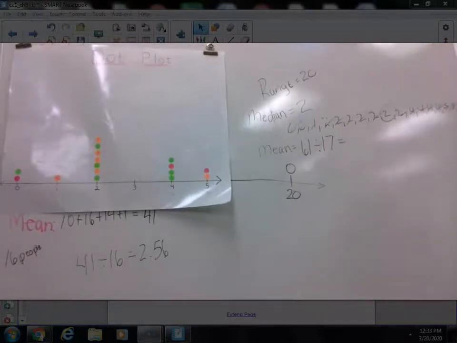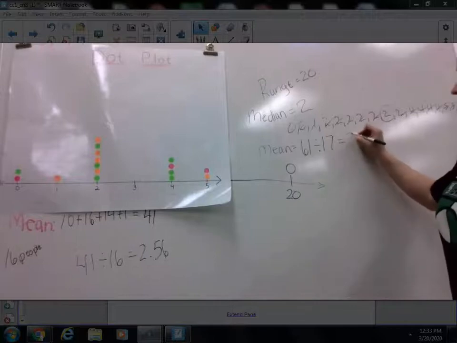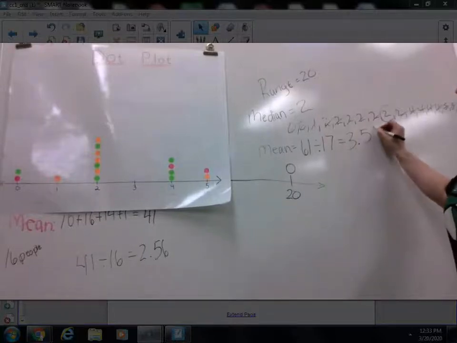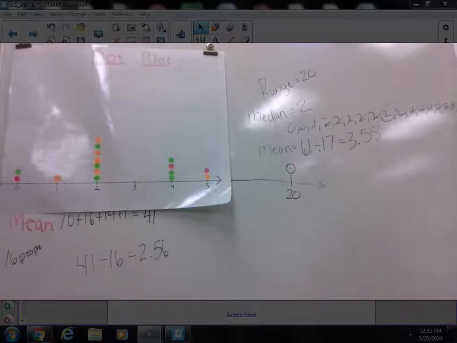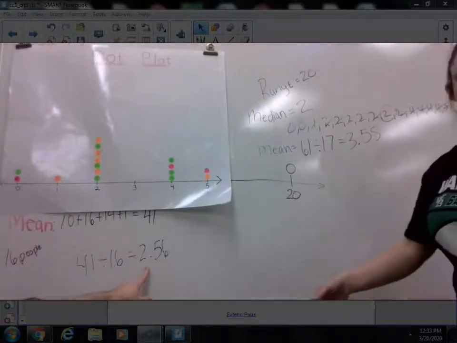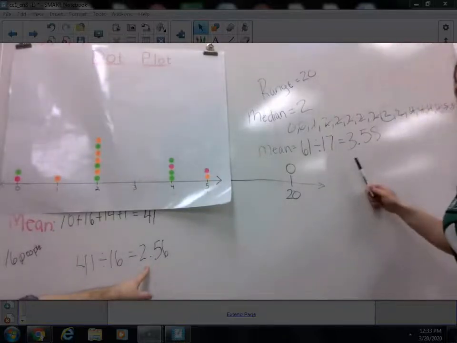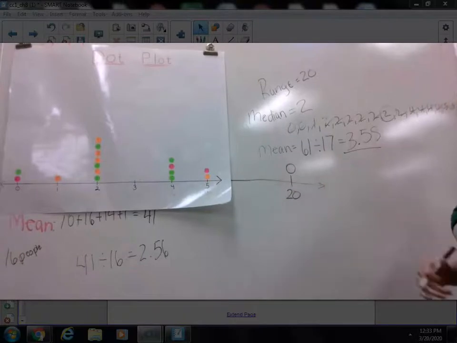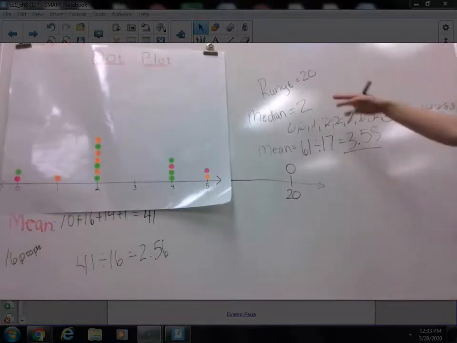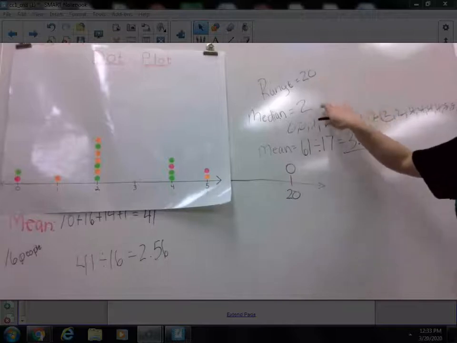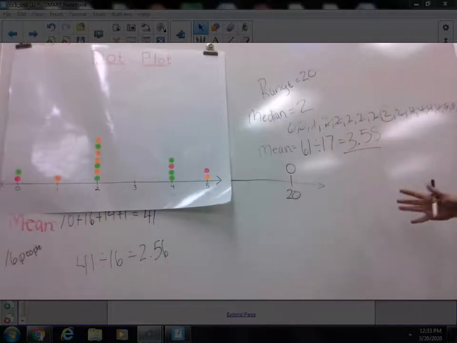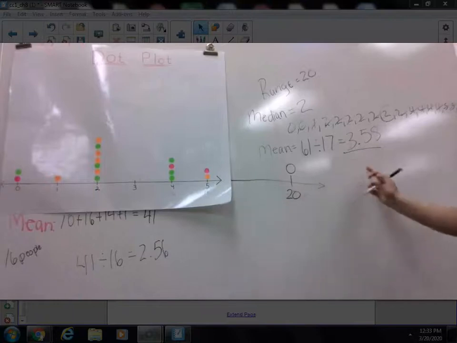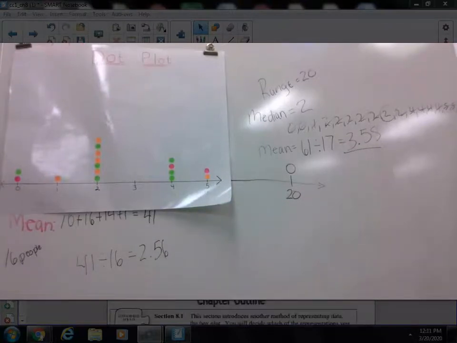So that would give us a mean of 3 and 58 hundredths. And if you recall earlier, our mean was 2 and 56 hundredths. So this changed very little compared to our range, which jumped from 5 to 20. Our median stayed the same, if not changed a little, but our mean also changed a little. Why?